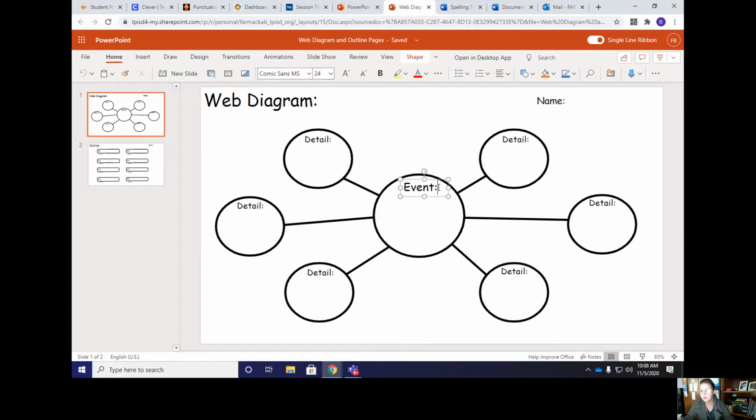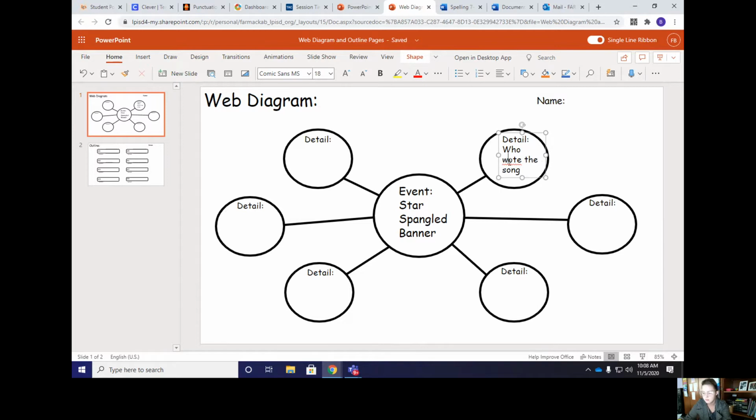So actually, let me write it out for you guys so that you can see the process, just in case we weren't 100% on it. Okay, let's kind of stretch it out. There we go. Our event would be the Star Spangled Banner. And then one detail would be who wrote the song.